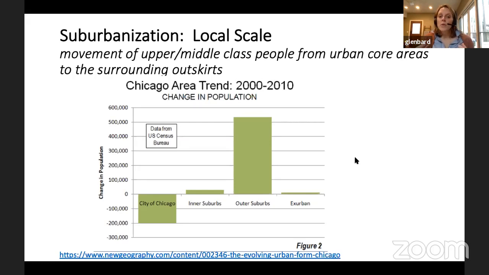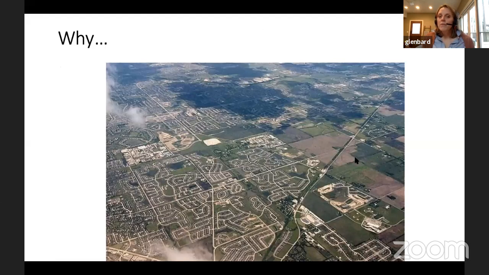But those outer suburbs, this is where people are really looking for space. They're looking for schools, they're looking for, in their mind, probably a decrease in crime. They're looking for more of a community feel. And so one of those things, though, at what cost?